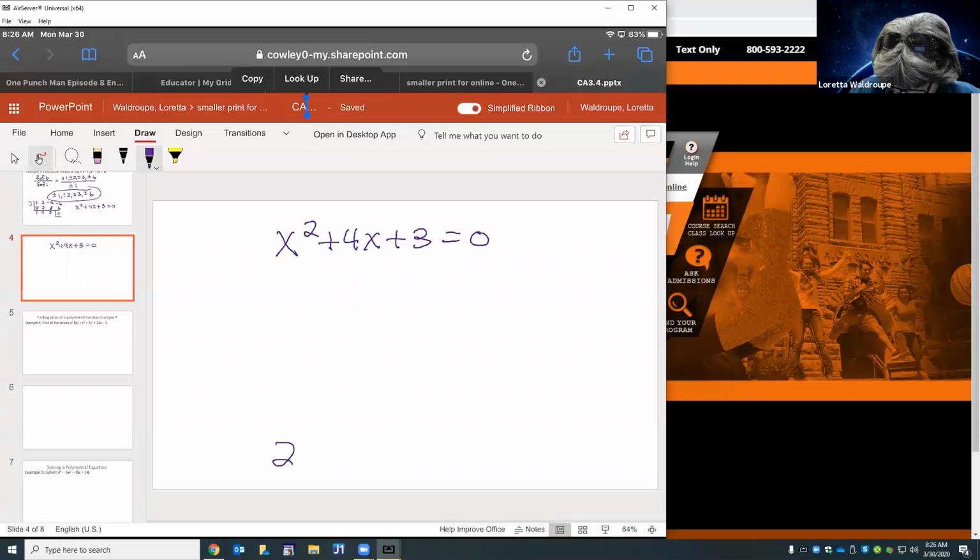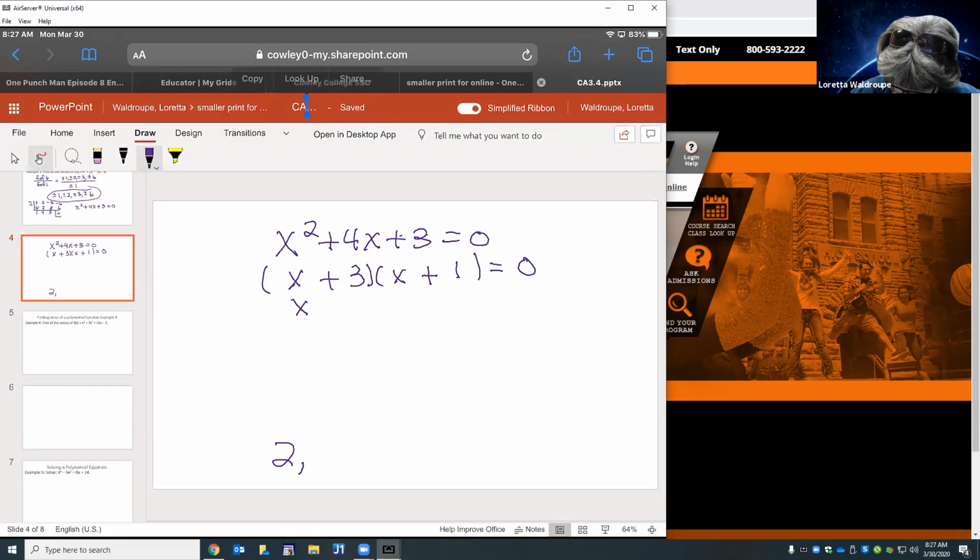I already know 2 is an answer. Now I'm looking for the other answers. X squared plus 4x plus 3, you either have to factor it or use the quadratic formula. And since it will factor, I suggest factoring. Factors of 3 that add to 4 would be 1 and 3, and they both have to be positive to give me that positive 4.